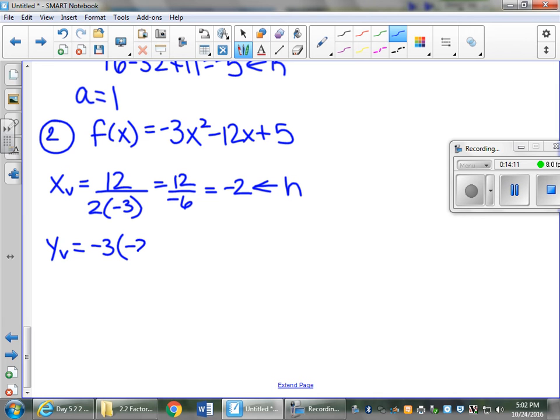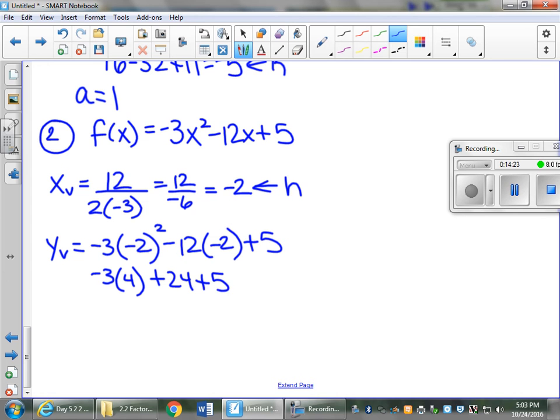Negative 3 times negative 2 squared minus 12 times negative 2 plus 5. This is going to become negative 3 times positive 4 plus 24 plus 5. Negative 12 plus 24 plus 5. And if I combine those from left to right, I'm going to get 17.